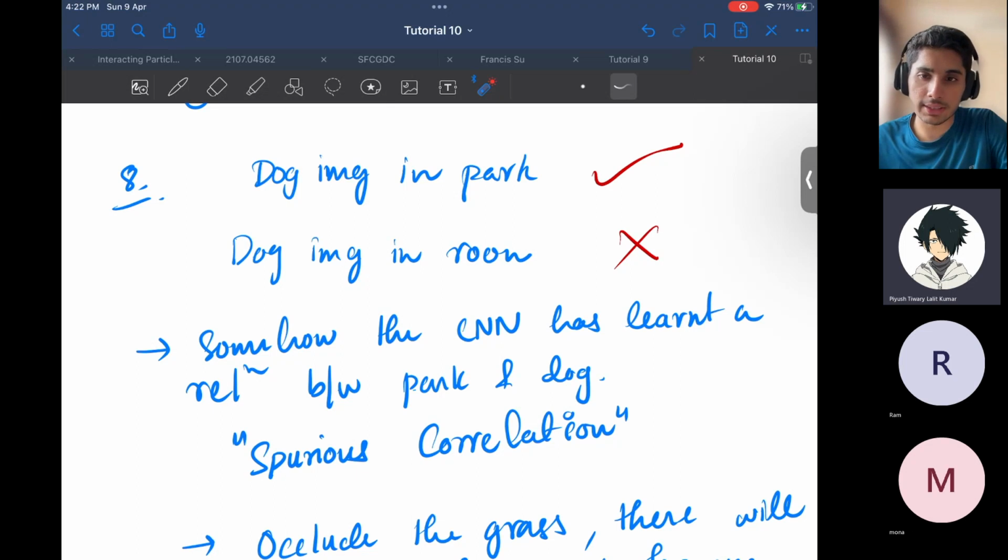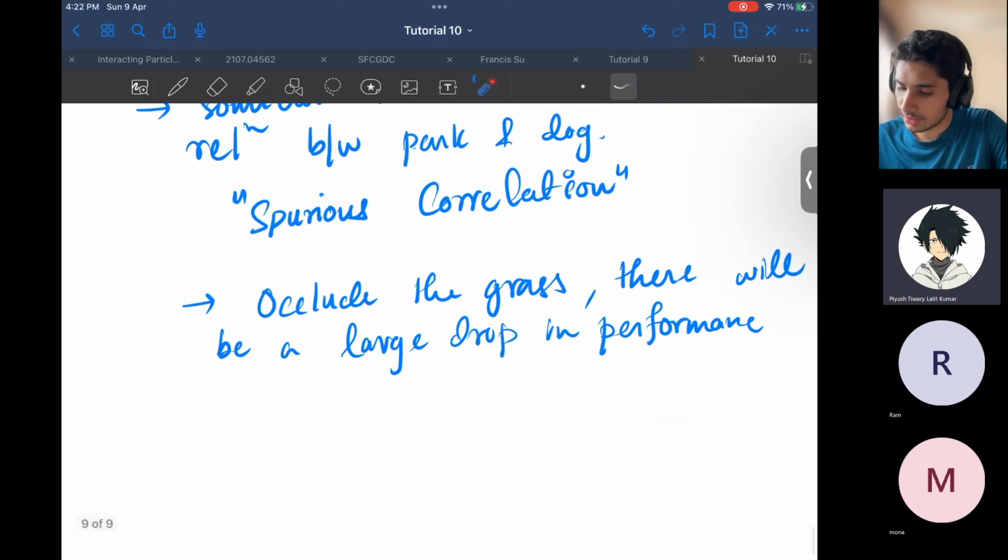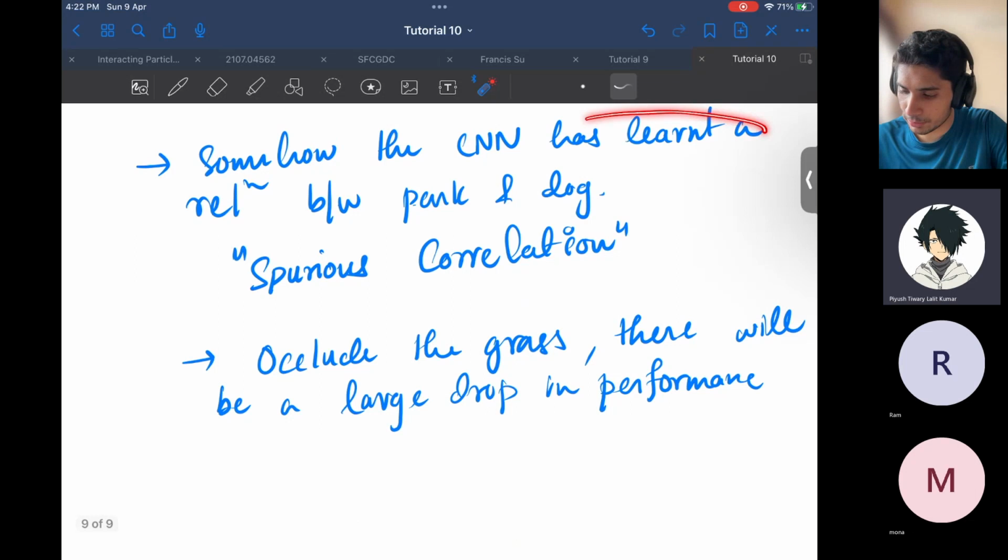I mean, I hope that is clear, right? So spurious correlation in general is a very serious problem in neural networks. The idea is basically because your data is biased, right? So for example, there was a recent event with ChatGPT, I hope you must have been listening about this ChatGPT and all this stuff.